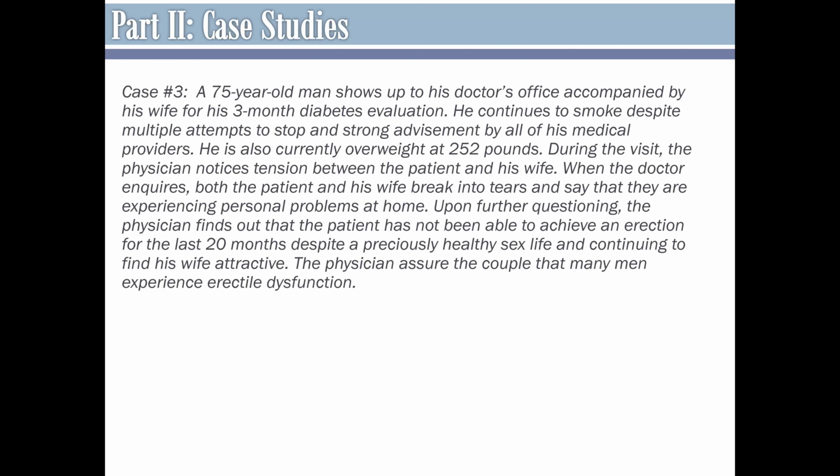During the visit, the physician notices tension between the patient and his wife. When the doctor inquires, both the patient and his wife break into tears and say that they are experiencing personal problems at home. Upon further questioning, the physician finds out that the patient has not been able to achieve an erection for the last 20 months, despite a previously healthy sex life and continuing to find his wife attractive.